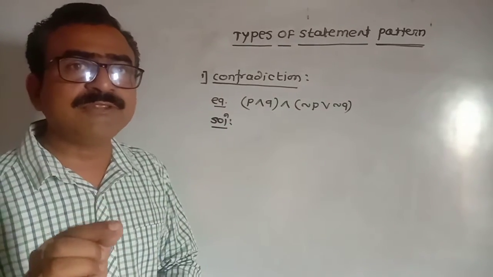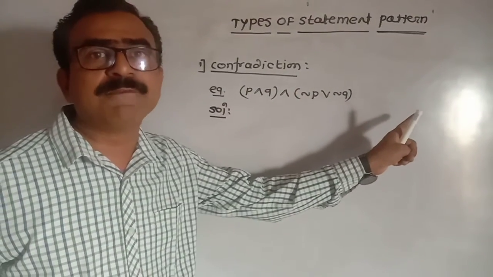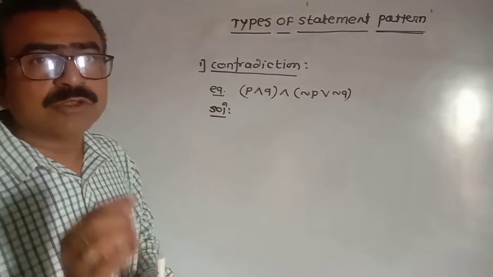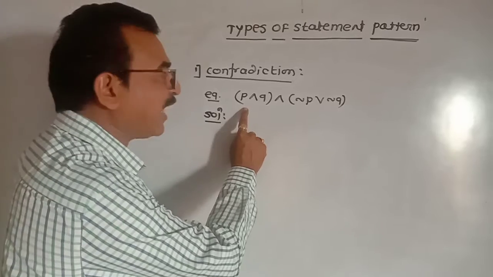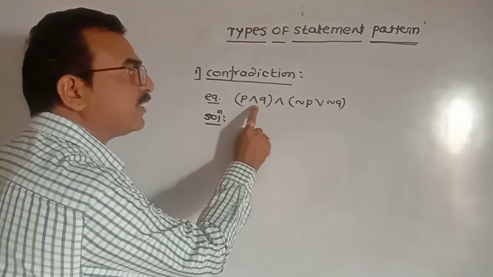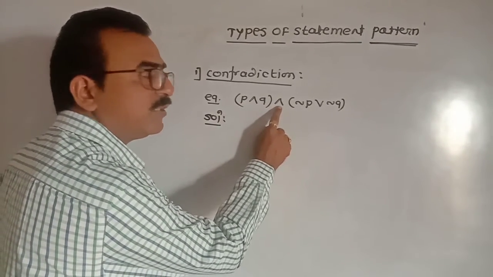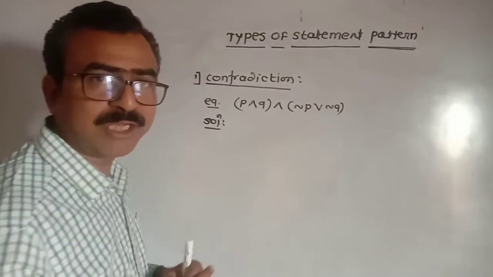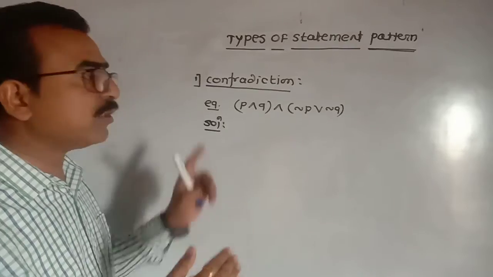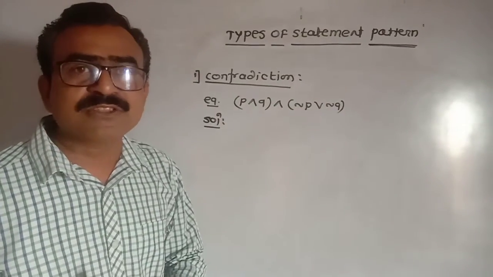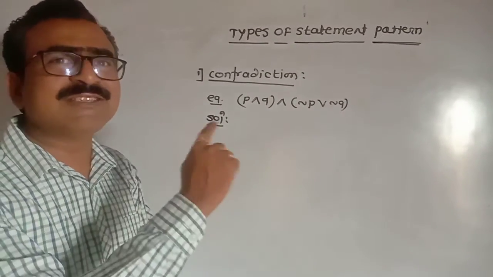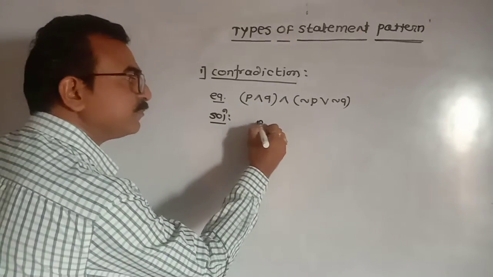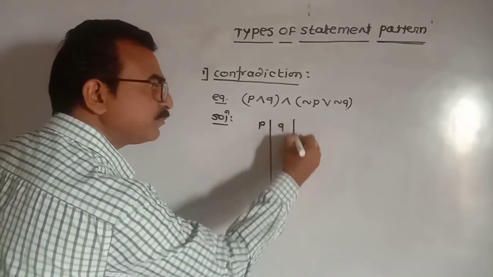The first rule is to read the statement pattern carefully and note down the number of statements. This statement pattern is read as P conjunction Q conjunction negation P disjunction negation Q. In this statement pattern, two statements are given, so write down the two statements, P and Q.